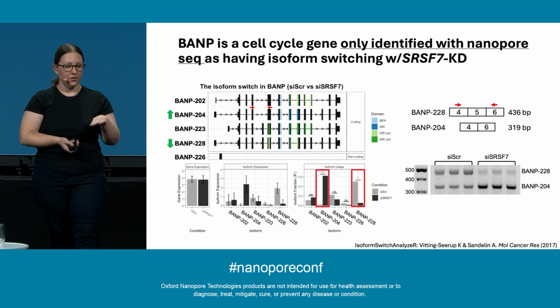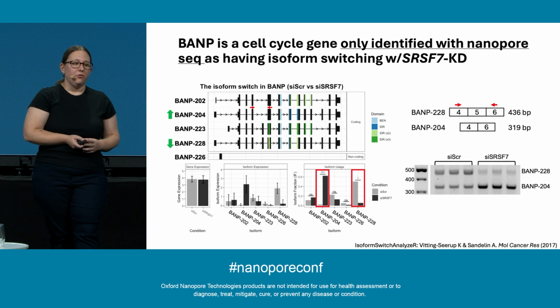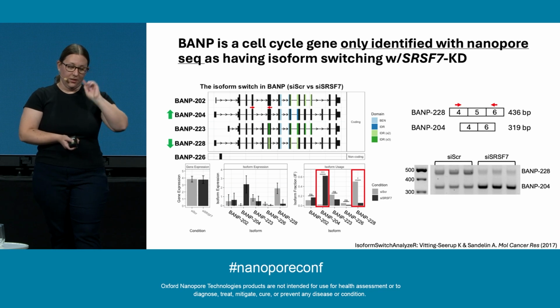This is what the colors indicate. And so from just this one gene and this analysis, it predicted an increase in the 204 transcript and a decrease in the 228 transcript. And another thing I really want to point out is the gene expression between the two conditions is not different. So this is something you would miss if you just did gene level analysis.